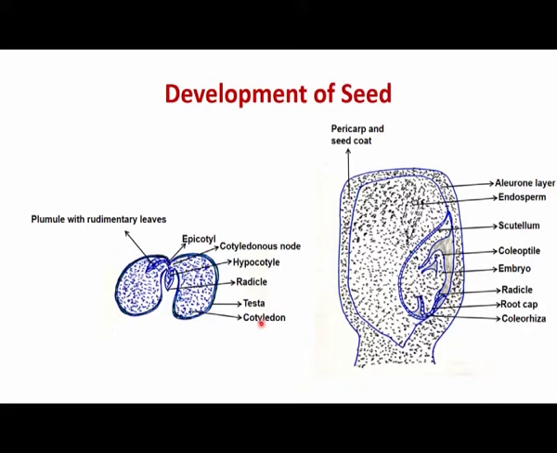Pulses normally contain the food in the form of cotyledons, whereas fruits normally contain the food material in the form of endosperm.